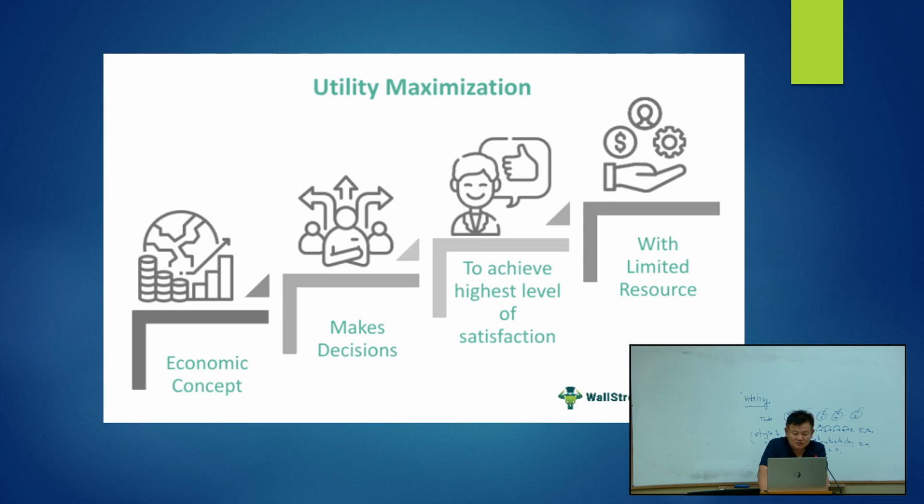And then the customers think about achieving the highest level of satisfaction: now I'm very satisfied, or I regret it. And finally, with limited resources, that means a limited edition, and then the customers feel very urgent to buy that.